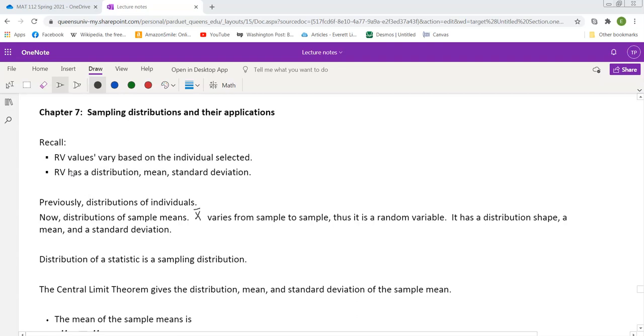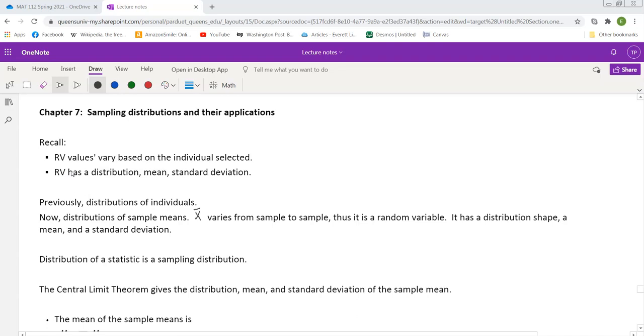Well, in this section, we're going to look at distributions not of individuals, but of sample means. So X bar, the sample mean, varies from sample to sample. If I take a different sample, I get a different sample mean. That makes it a random variable. Since it's a random variable, the sample mean itself has a distribution shape, a mean, and a standard deviation.